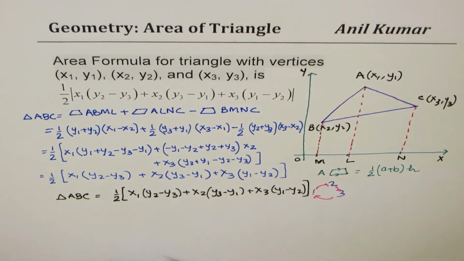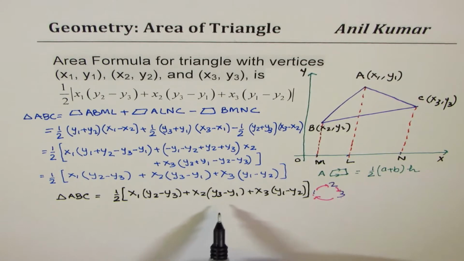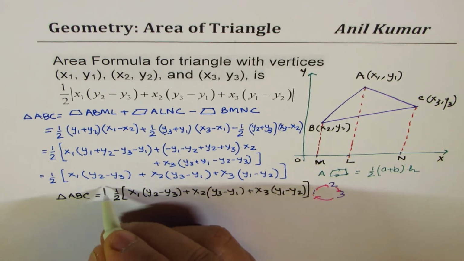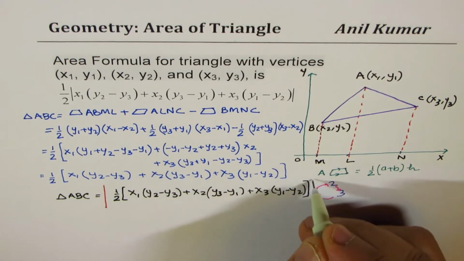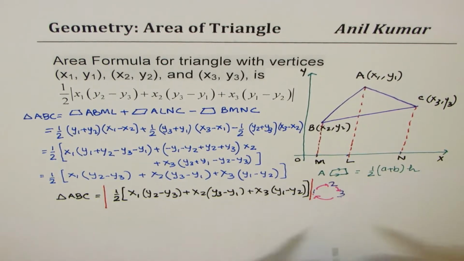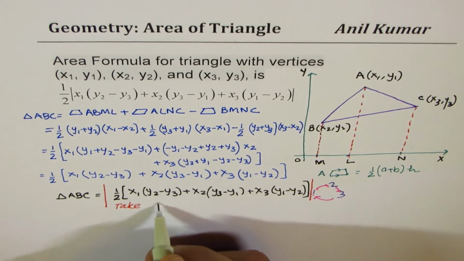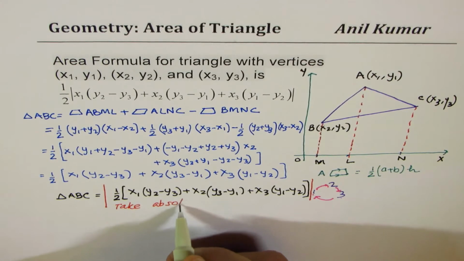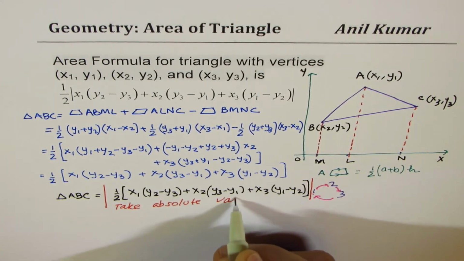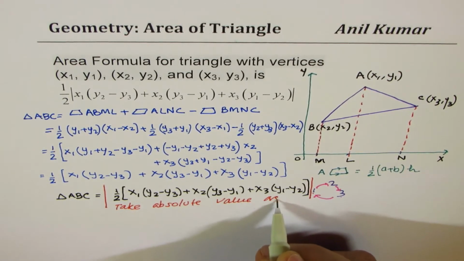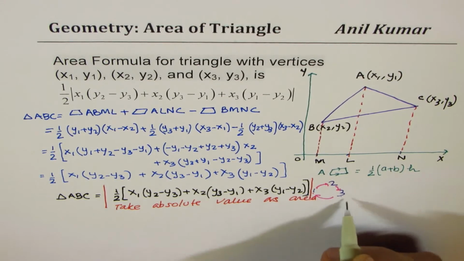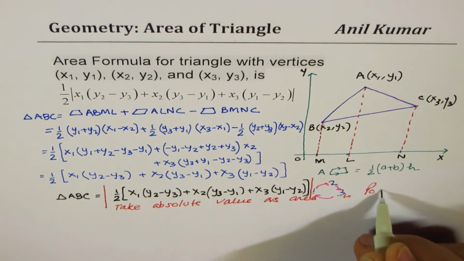So that becomes the area. Now you have to remember that area is a positive quantity, right? So area is a positive quantity. So we'll always take absolute value of this. Is that okay? So area is always positive. So take absolute value as area is positive.